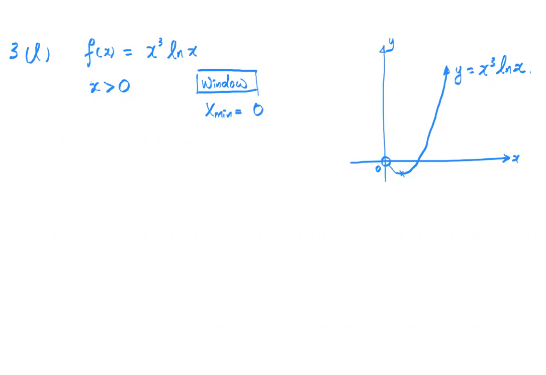So you should get a graph that looks somewhat like this. Then after that, you go like this. Do you realize that? This is concave down, and this is concave up after this point.